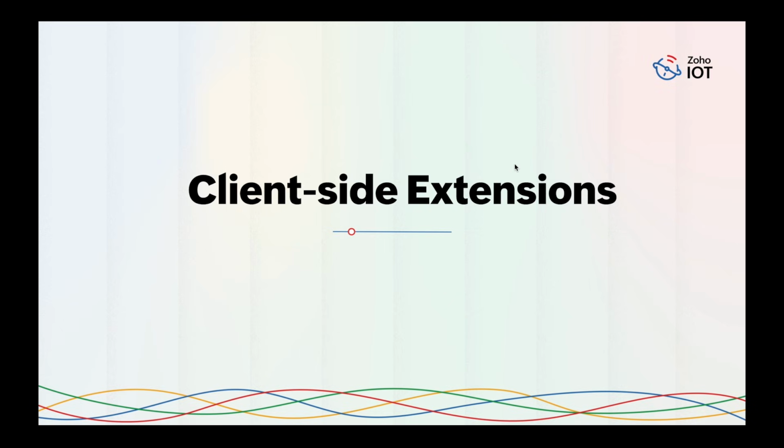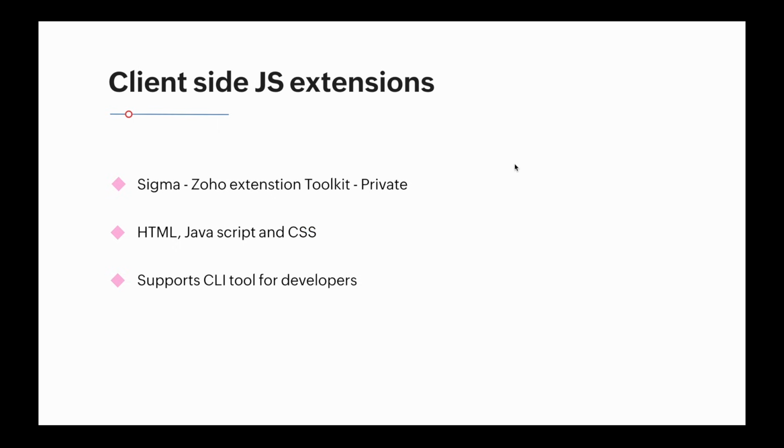So the next use case is client side extension. This is even more powerful, where you can extend and add new web tabs or something like that. In addition to the existing clients and menus that you see in the end app, you can also introduce your own menus, and we allow that by using Sigma, which is the Zoho extension toolkit.